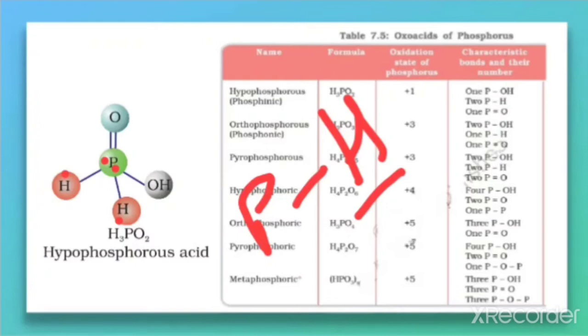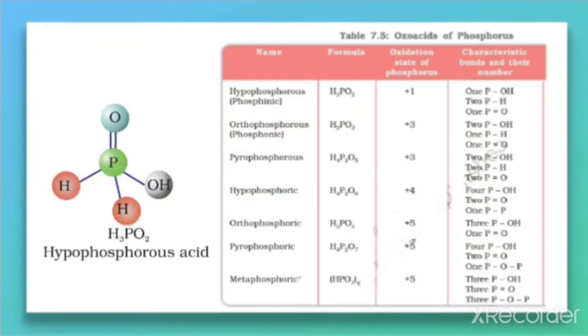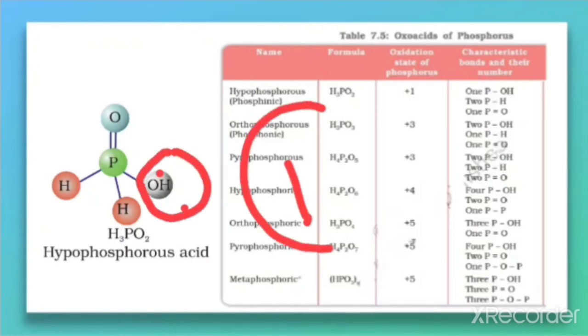In this example there are two P-H, so it has strong reducing properties. And the P-OH is responsible for basicity. So here there is only one OH, therefore its basicity is 1.